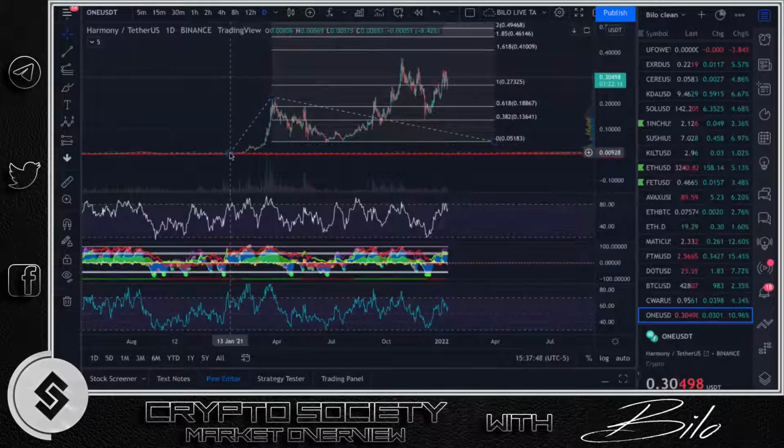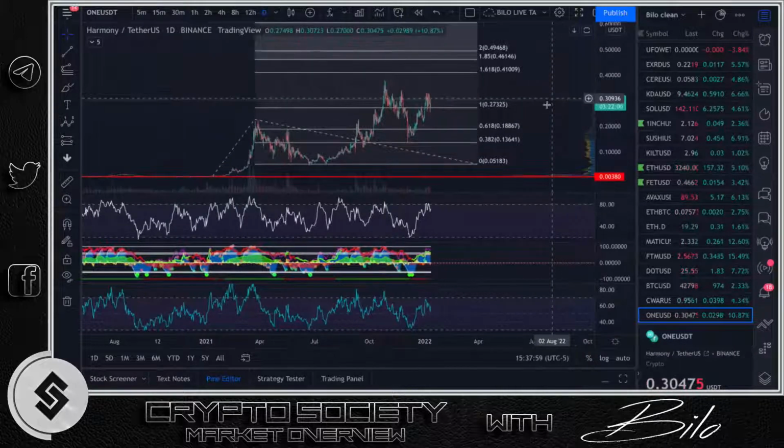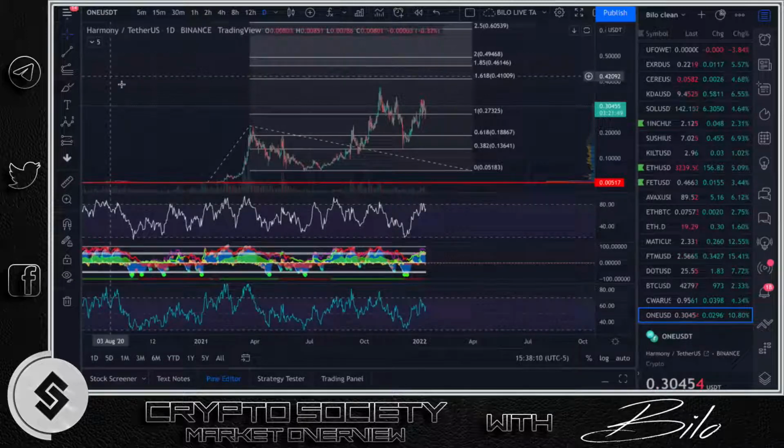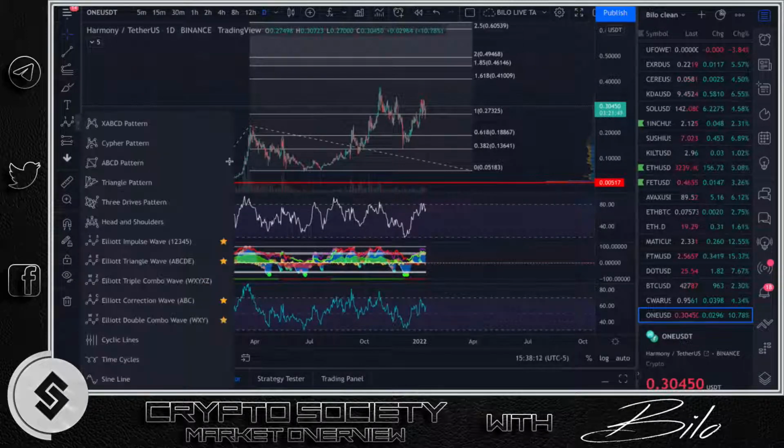Did I get this right? We didn't quite make it to 1.618. Because we didn't make it to 1.618, I would target wave 5 somewhere here, whereas normally I would have put it here. So wave 5 would be around 49 cents, 50 cents, maybe psychologically. Interesting.